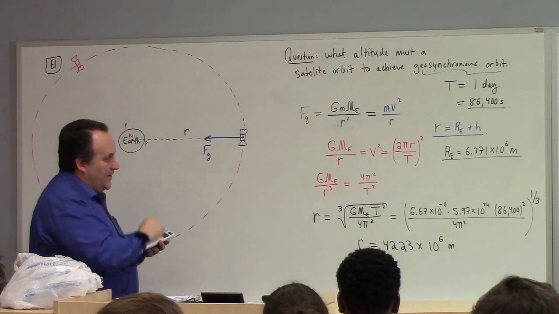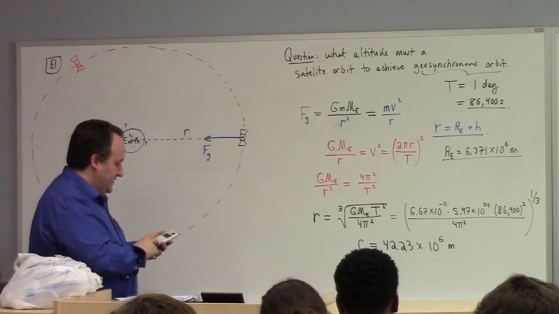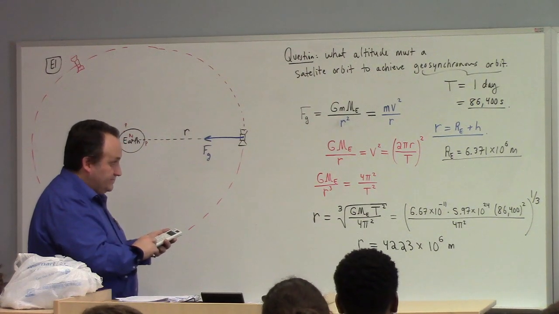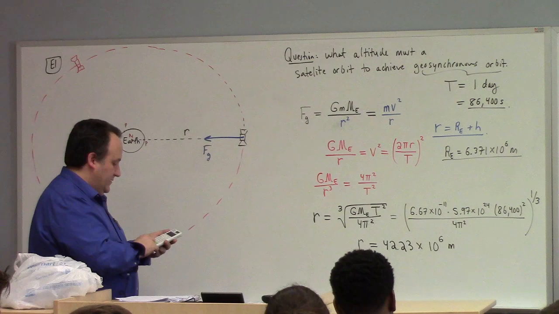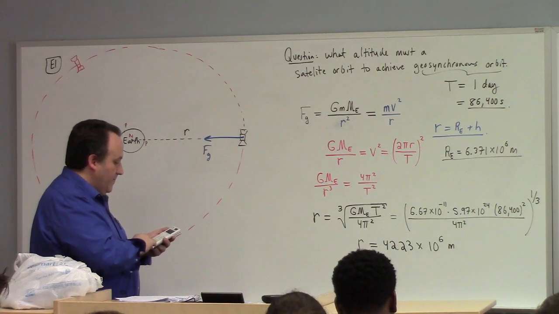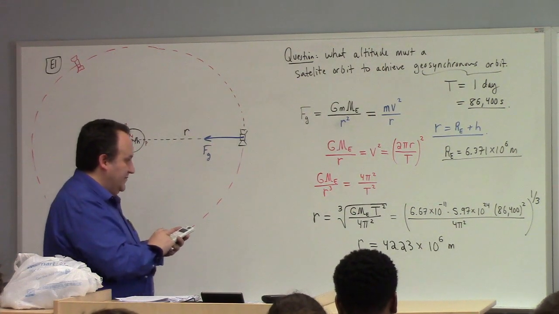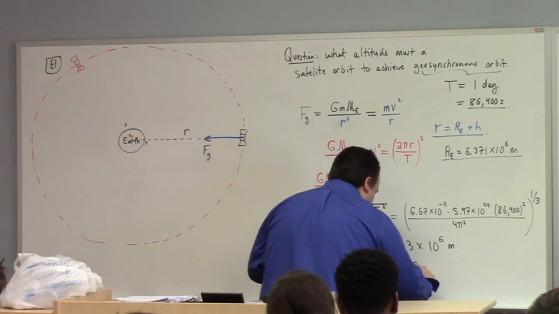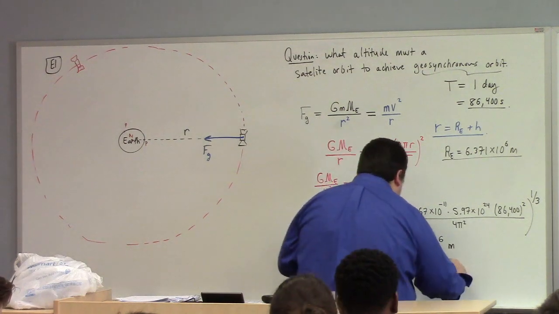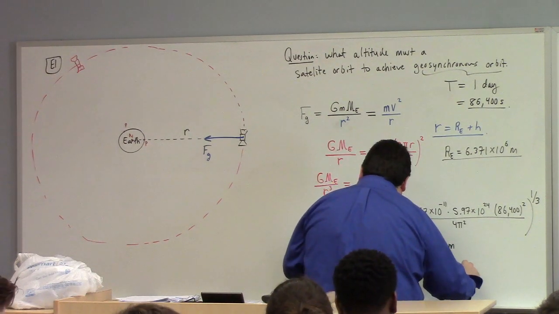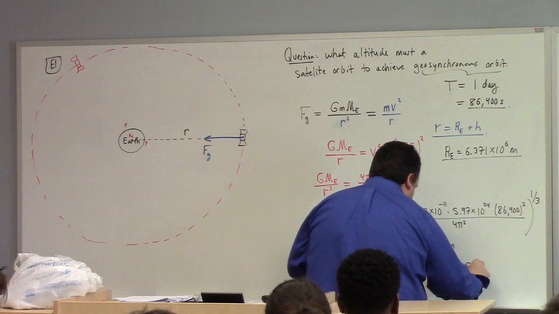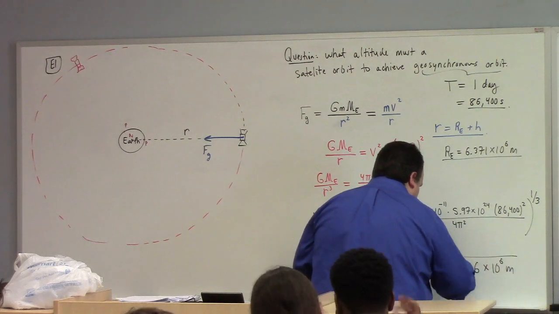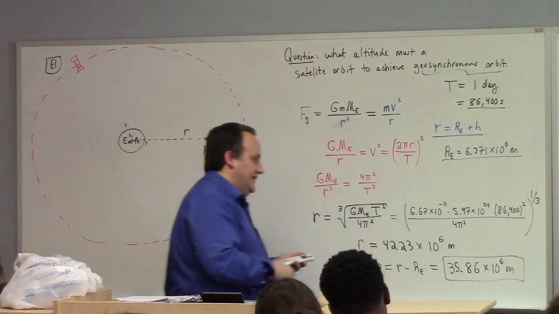So I need to subtract 6,371,000 from that, and that gives me h, which is equal to r minus the radius of the Earth, of 35.86 times 10 to the 6th meters. So that's the altitude we're talking about.